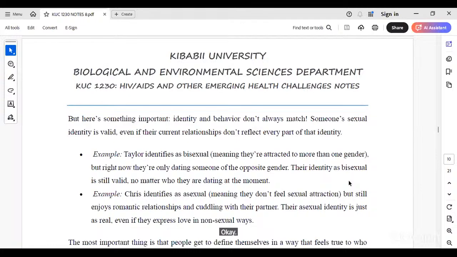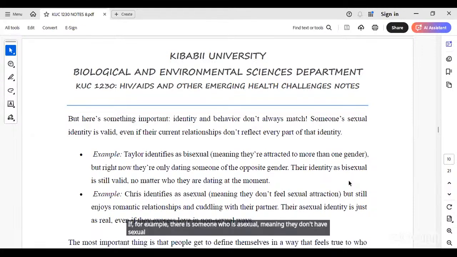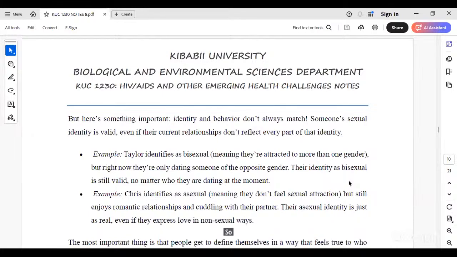If, for example, there is someone who is asexual, meaning they don't have sexual attraction to anyone, but still they enjoy some physical attraction. So they can enjoy company, a lady's company, but there is no sexual attraction.